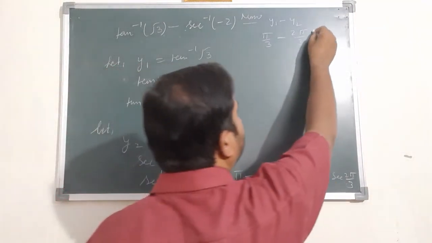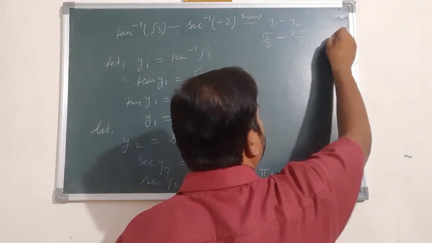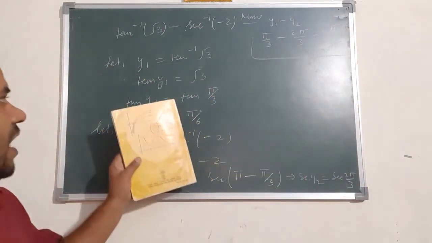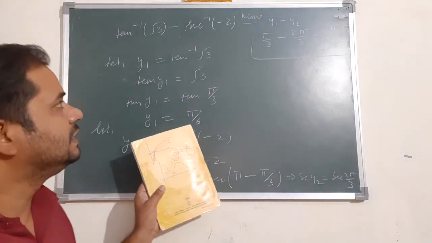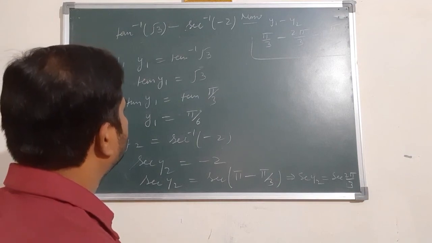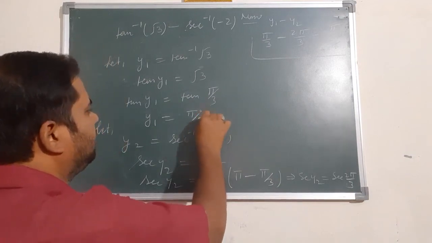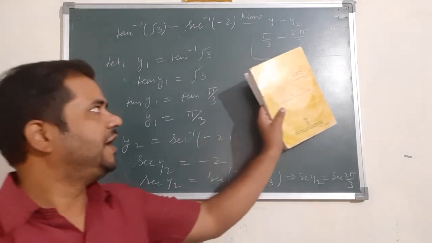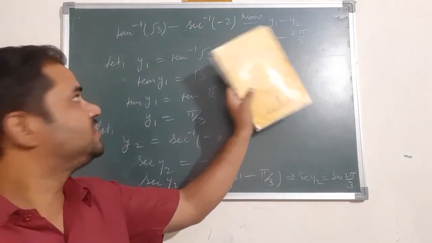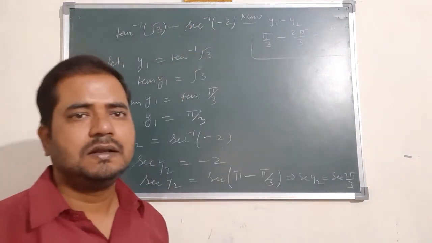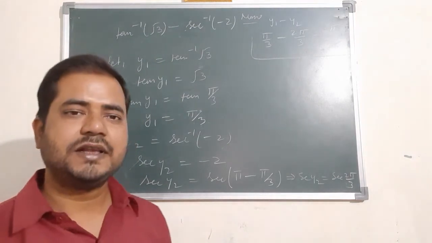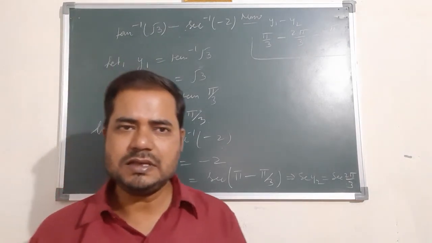Here I am going to write minus pi by 3, y1 minus y2. Y1 is pi by 3, and y2 is 2 pi by 3, because the whole is y1 minus y2. So this becomes minus pi by 3 and option B is correct.